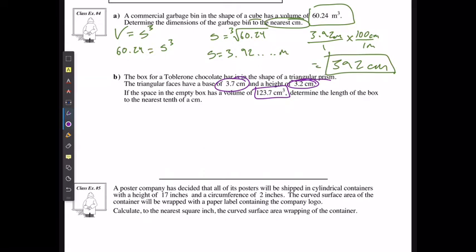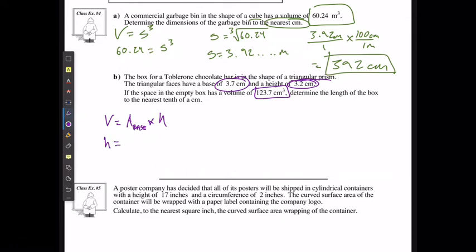So, for this one, if the volume is equal to the area of the base times the height, then when it's asking for the length of the box, it's asking for what the height is.